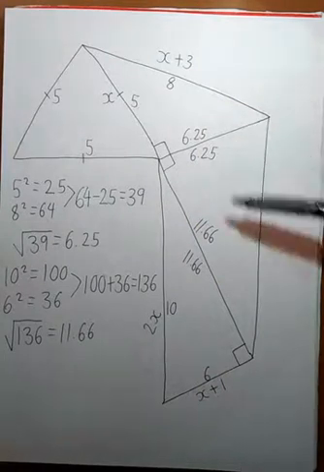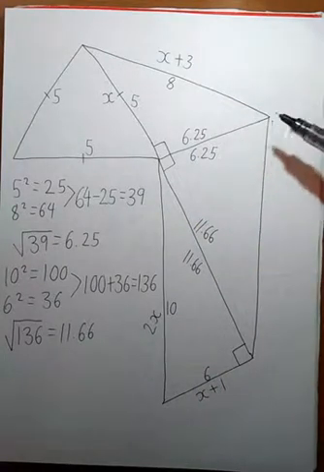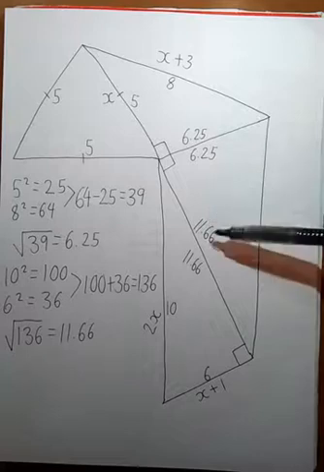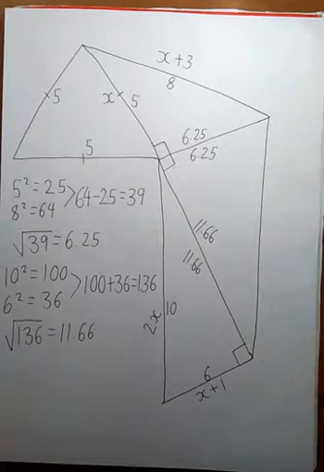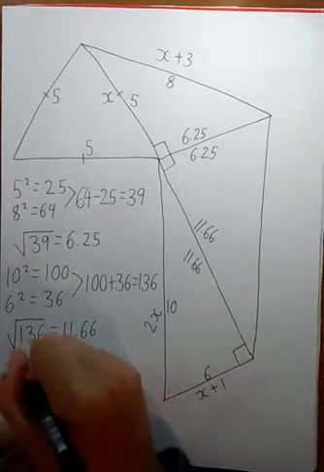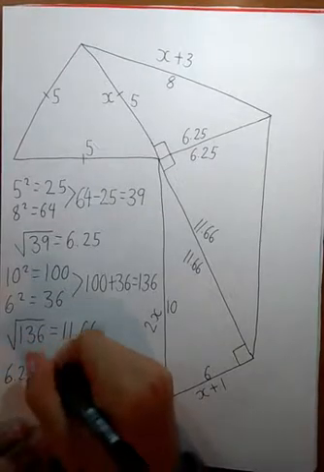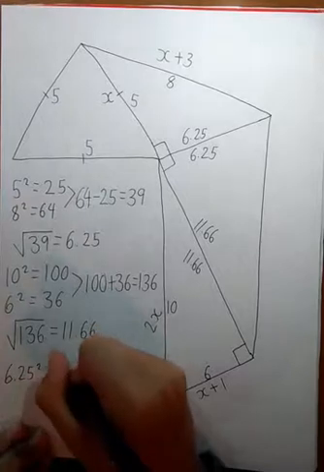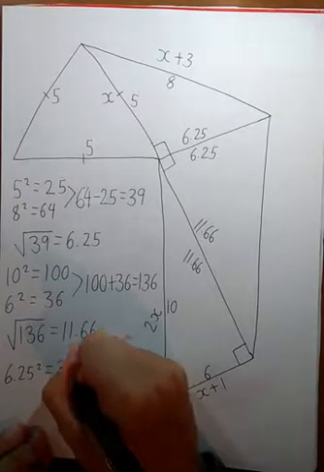Now that we have two lengths in this triangle, we can do normal Pythagoras and do a squared plus b squared, and this will give us c squared. 6.25 squared equals 39.